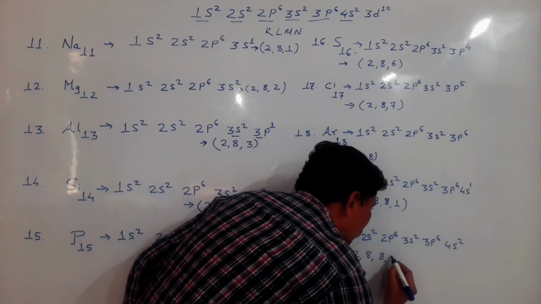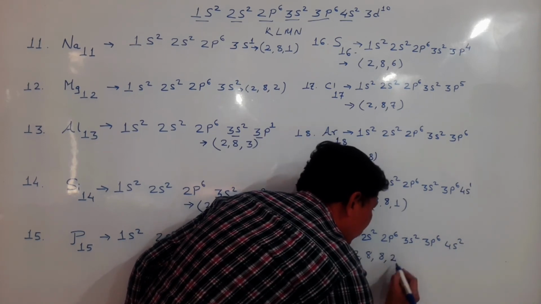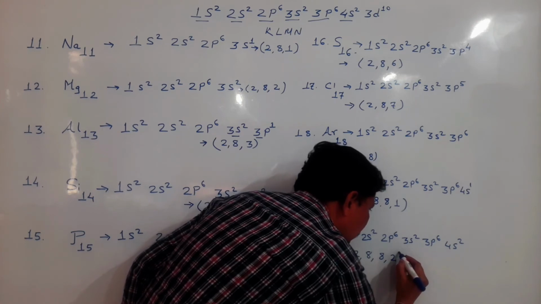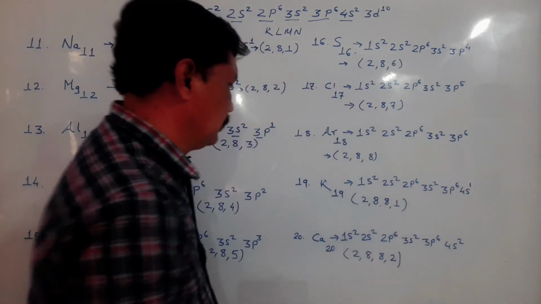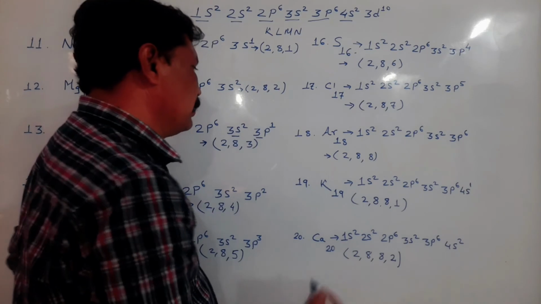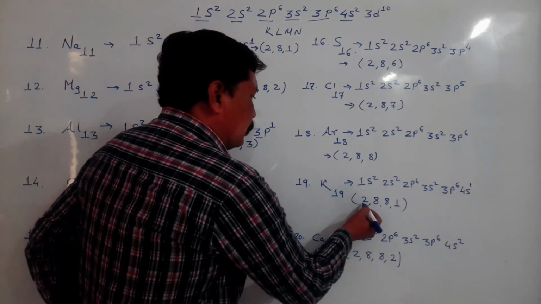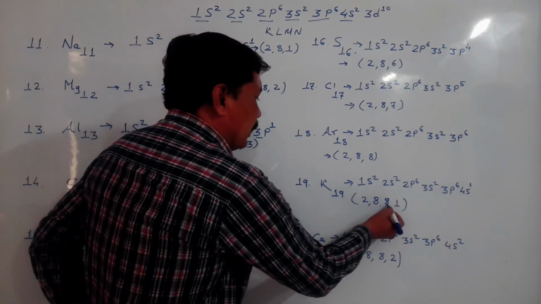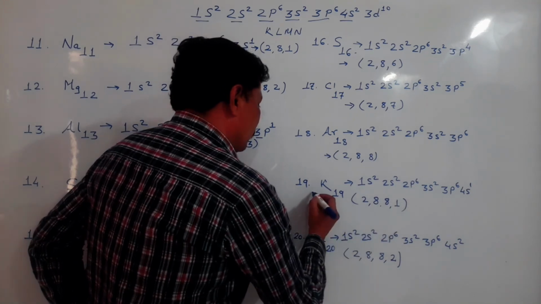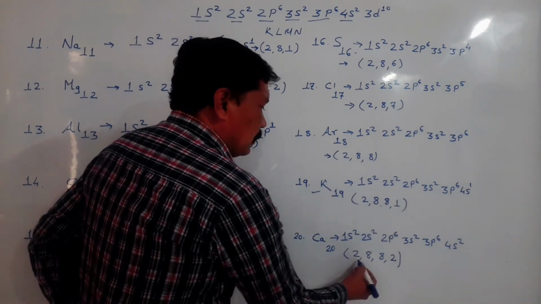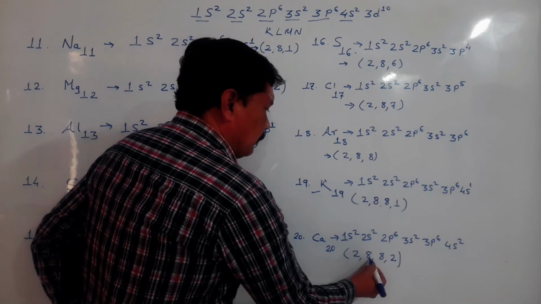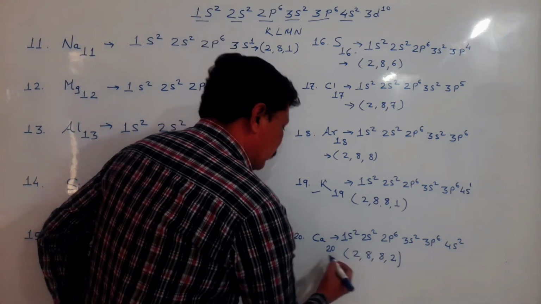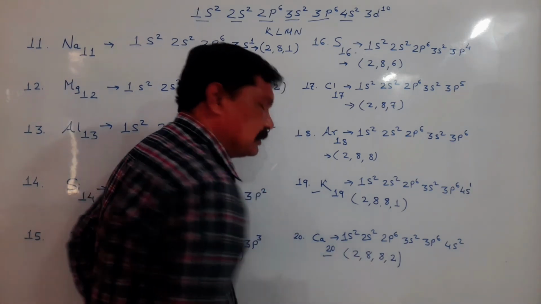So the fourth shell we are going to write 2. My dear student, here we are going to count the electrons. 2 plus 8, 10, 18 plus 1, 19, correct. 2 plus 8, 10, 18, 19, 20, answer is correct.